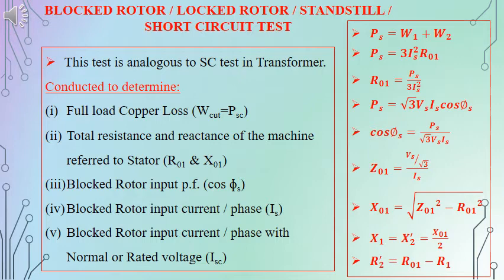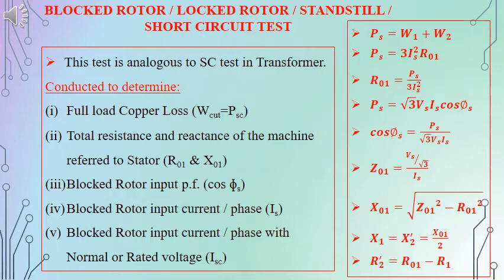From the test we will get the full load copper loss because we allow the rated current to flow through the machine. And from the same we can calculate the total resistance of the stator and the rotor. From the full load copper loss we can measure the resistance that is referred to the stator side.